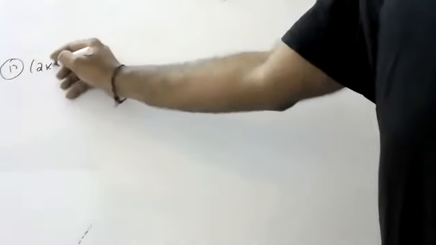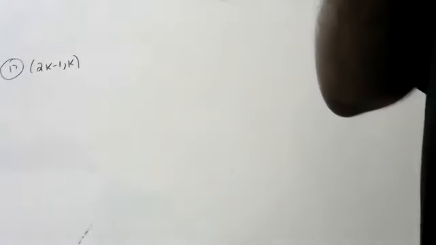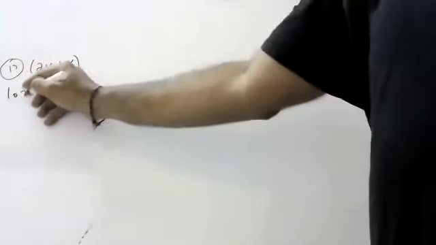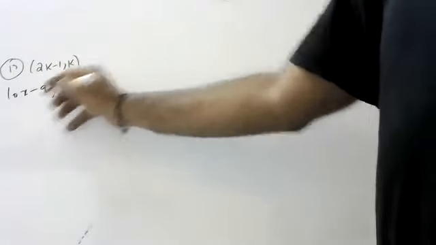2k minus 1 comma k is a solution of 10x minus 9y is equal to 12. Find k.